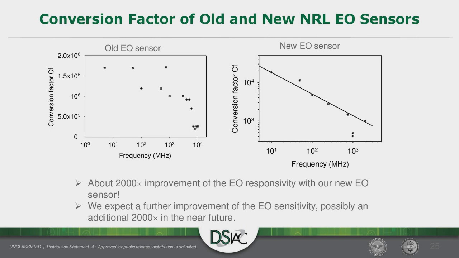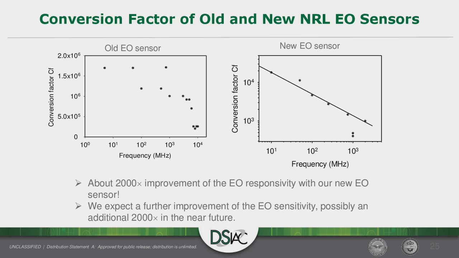The conversion factor from the NIST data is shown like this: at low frequencies it's flat, then it drops down. That means the sensitivity or responsivity of the EO sensor improves at higher frequencies. That's the old sensor. With the new sensor, we get that kind of slope. Of course, with the new one, we also have a higher EO responsivity at higher frequencies. But look at these numbers.